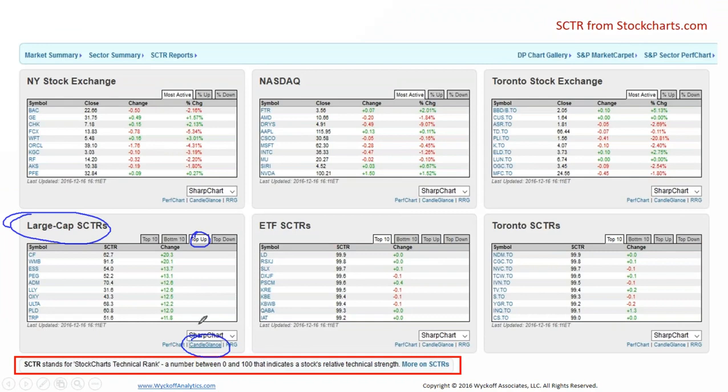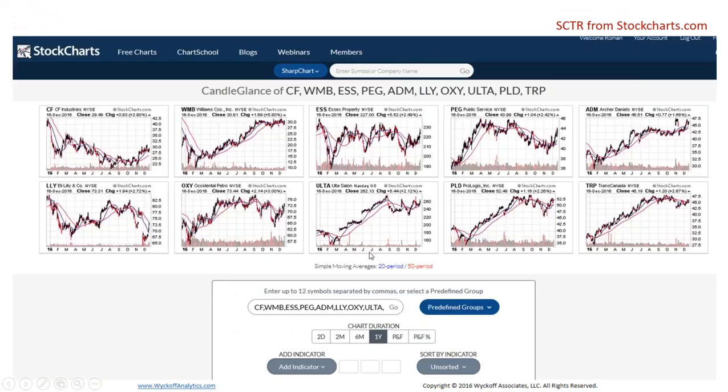The candle glance just gives me the candle charts, the top 10. And if I want the whole list, I can go to the whole list. But basically, I want to look at the top 10 during the market reactions to see what kind of stocks are long-term outperforming, intermediate-term consolidating, and then short-term starting to move.